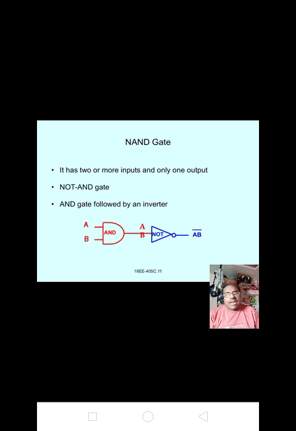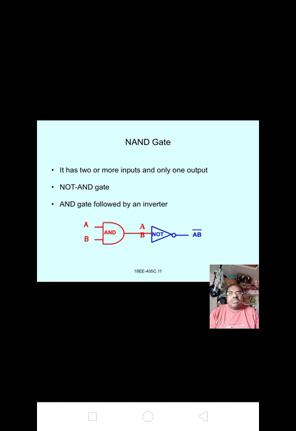NAND gate has two or more inputs and only one output. NAND means combination of two gates, that is AND and NOT gate. NAND gate equals NOT gate plus AND gate. AND gate is followed by the inverter, that is NOT gate.